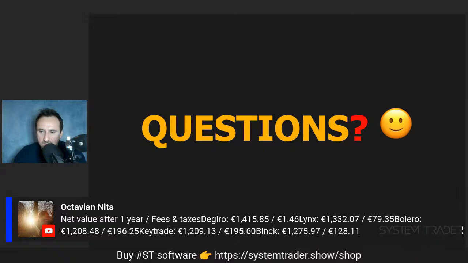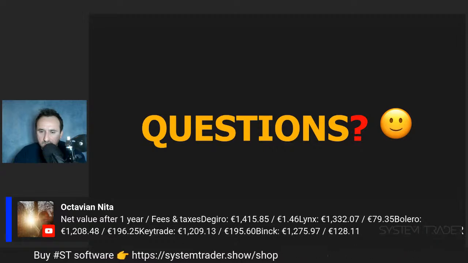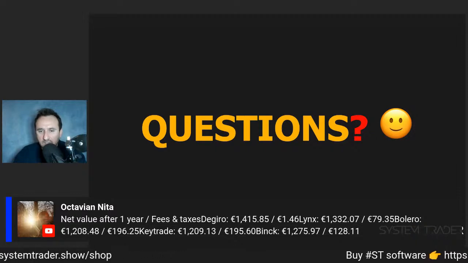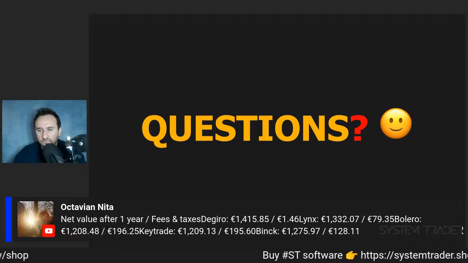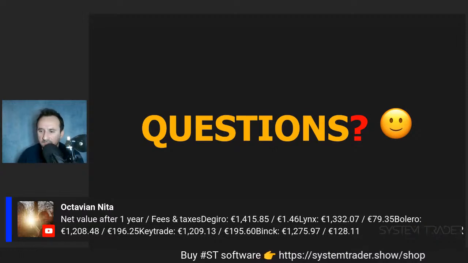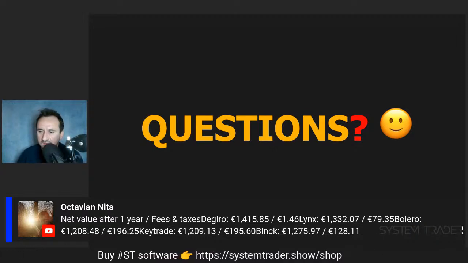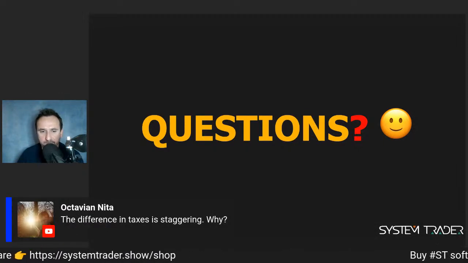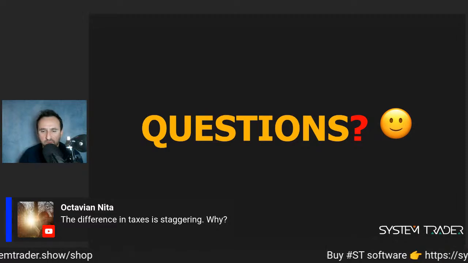There are different net values after 1 year for different brokers. But Tavi, I don't understand exactly what is your question. Okay, here the difference in taxes is staggering. Why?